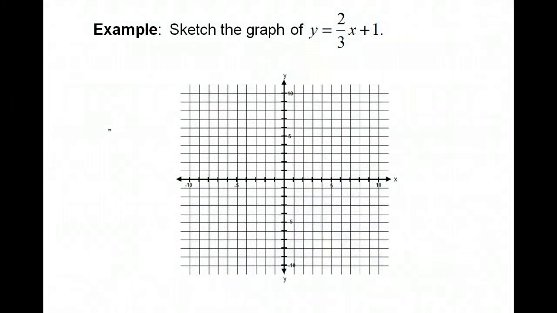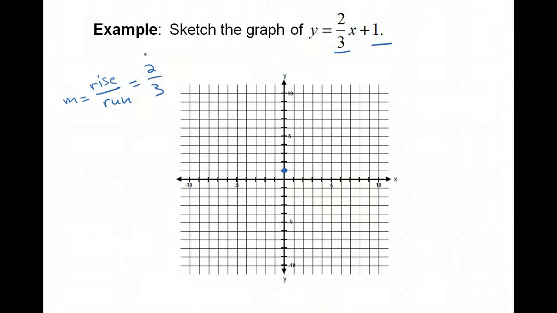Alright, here we go. Sketch the graph of y equals 2/3 x plus 1. Well, first of all, we know that 1 is the y-intercept, so we come to our graph and we put our first point on. We know that 2/3 is the slope, so m equals the rise over the run, which is 2/3.